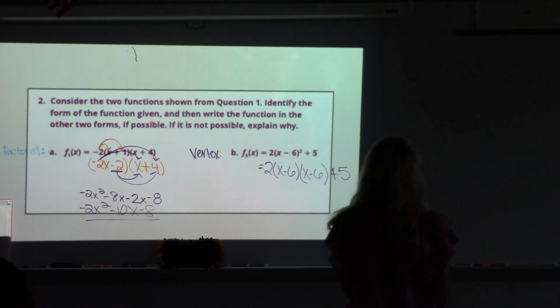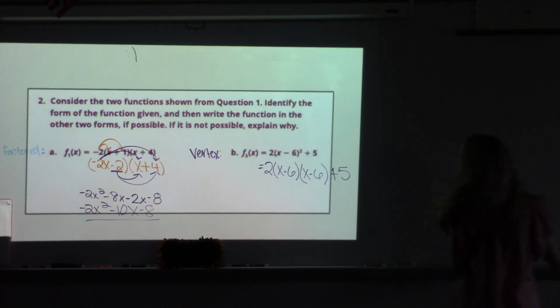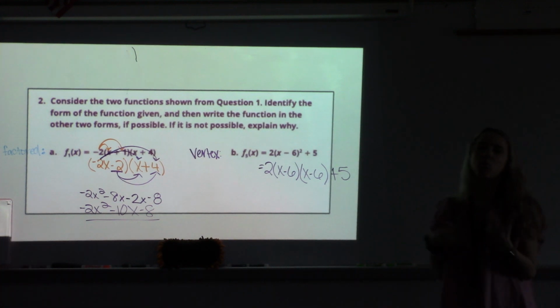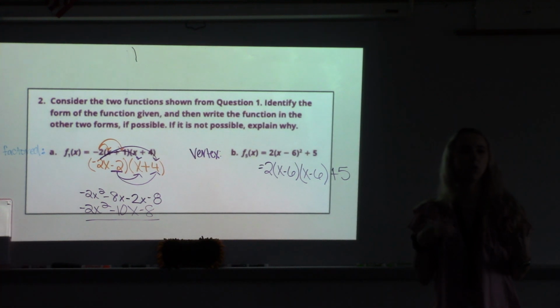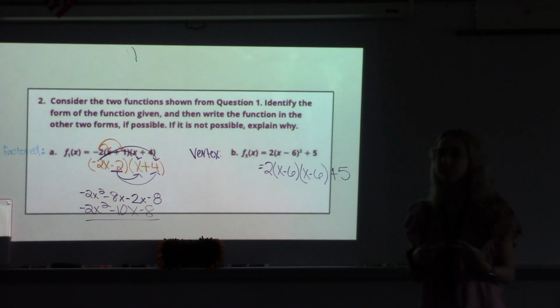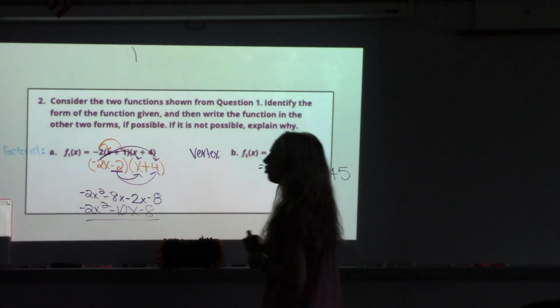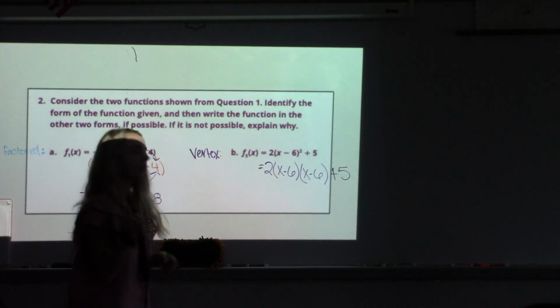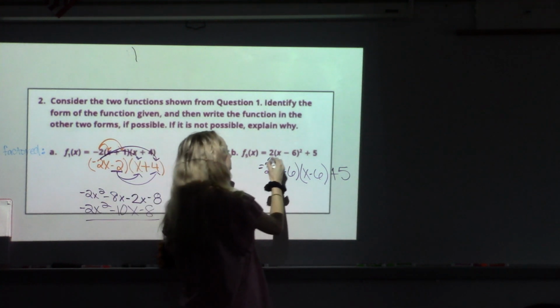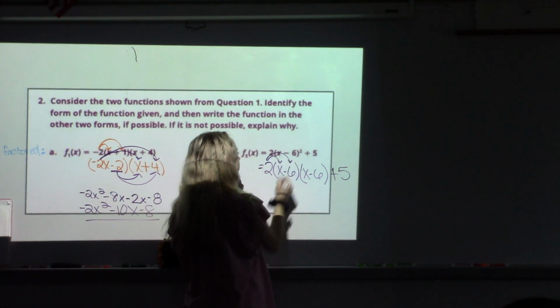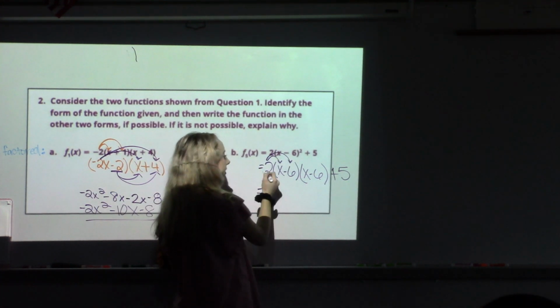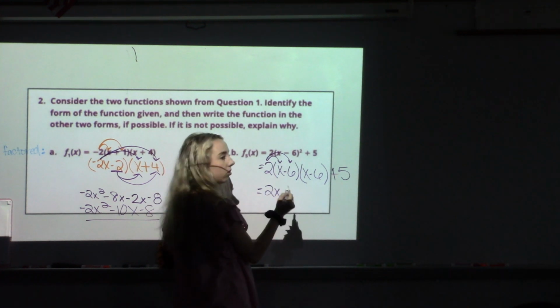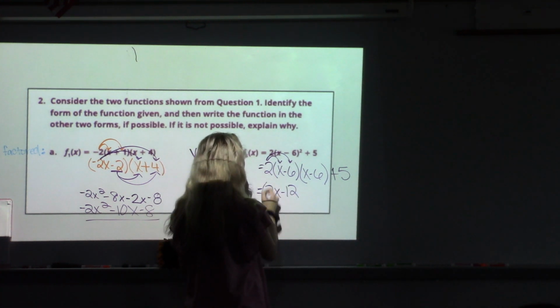Alright guys, so can somebody walk me through this distributive process? Okay, so first, multiplying this 2, that would give us 2x minus 12.